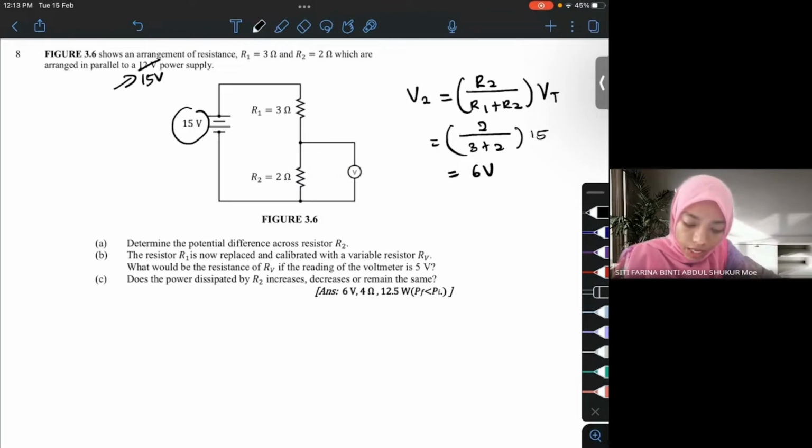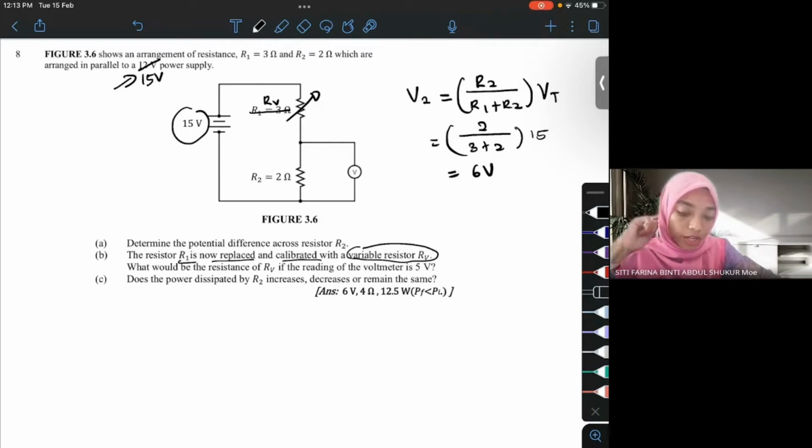Next, R1 is now replaced and calibrated with a variable resistance RV. It means at the place of R1, we remove this and put a new resistance, namely a variable resistance, where you can vary the value of resistance. So it asks, what would be the resistance RV if the reading of the voltmeter is 5 volt?